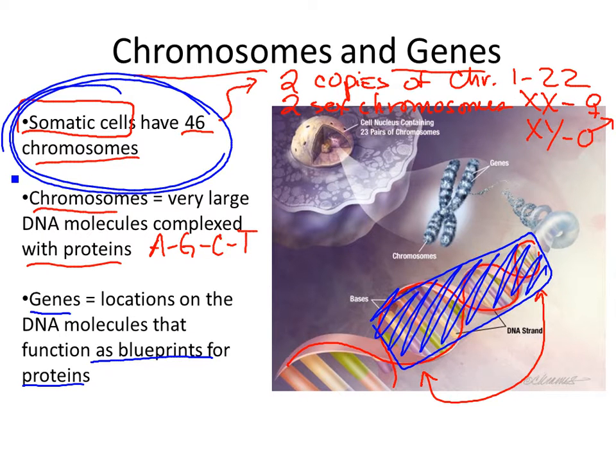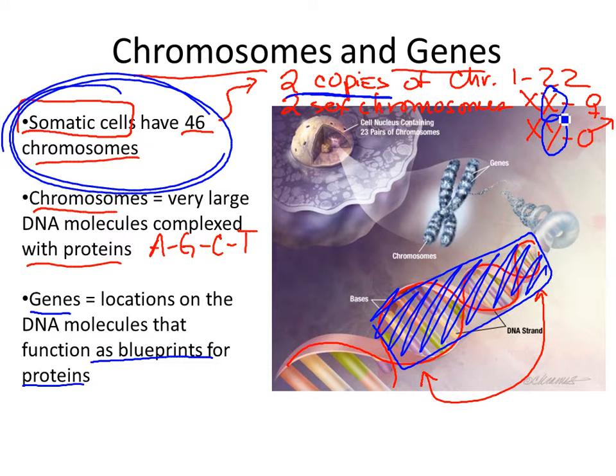Otherwise, they don't have a full set of functioning blueprints or recipes for all of those critical proteins that those cells need to make. And this is where sexual reproduction is going to come in: 2 copies of chromosome 1 through 22. You get 1 copy of each of those from mommy and 1 copy from daddy. Then from mommy you get 1 X chromosome, and from daddy you get either an X or a Y chromosome.